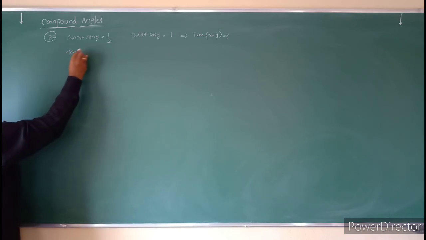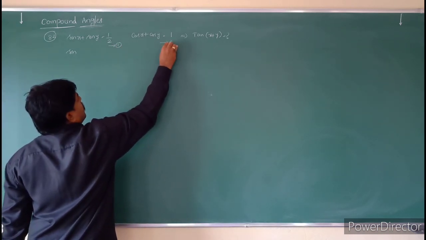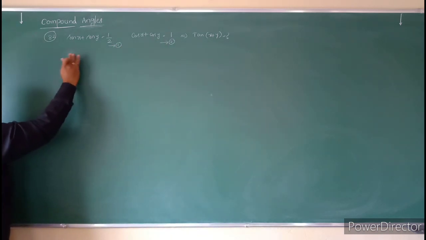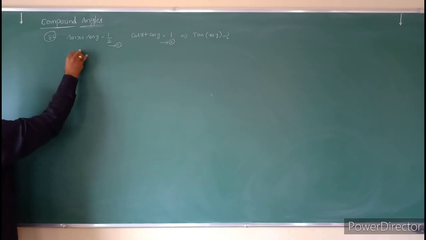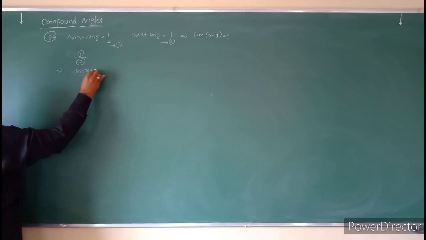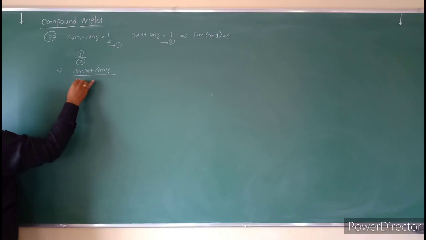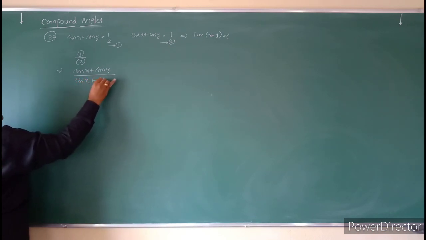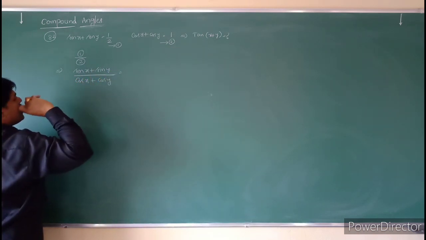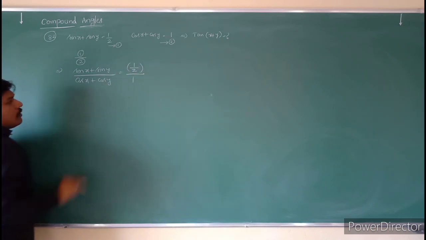I am taking this as equation number 1, and this as equation number 2. So first I will divide: sin x plus sin y by cos x plus cos y is equal to 1 by 2 by 1.